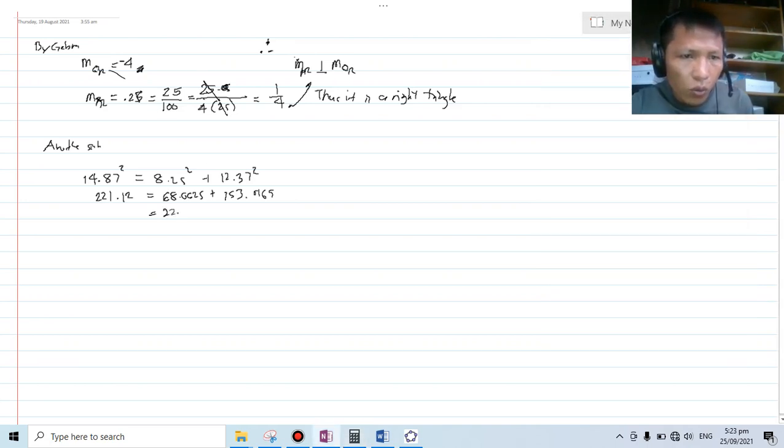So c squared is equal to a squared plus b squared.